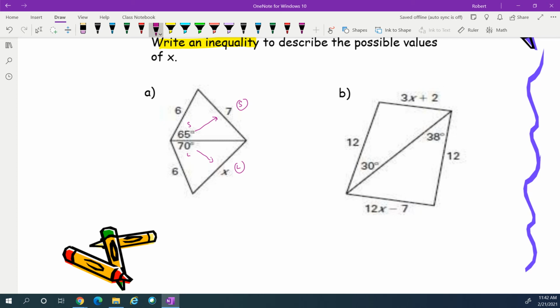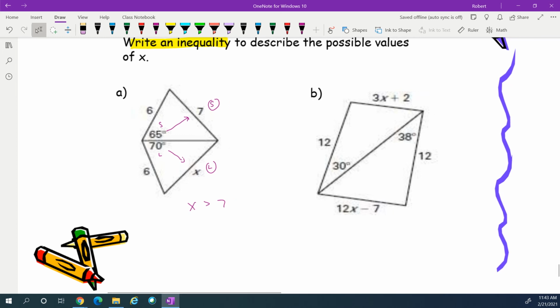We're just asked to write an inequality using x. Well, x compares to the 7. It's the opposite side, so we compare the corresponding parts. X is greater than 7. So we're using the idea of corresponding parts to make our comparisons.